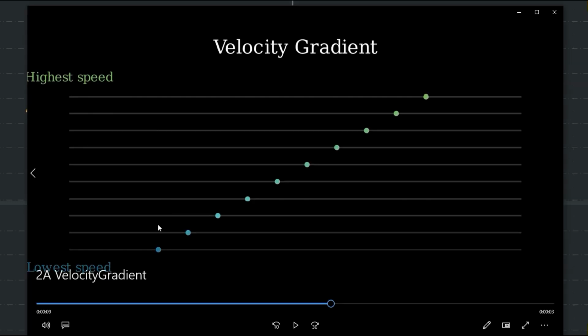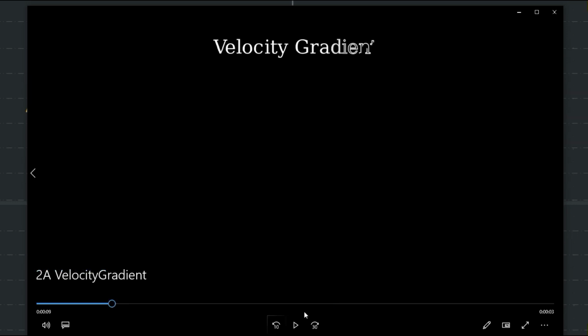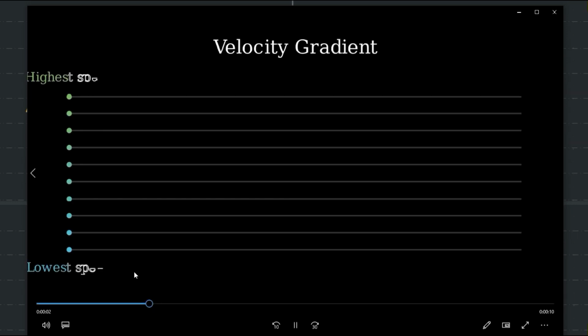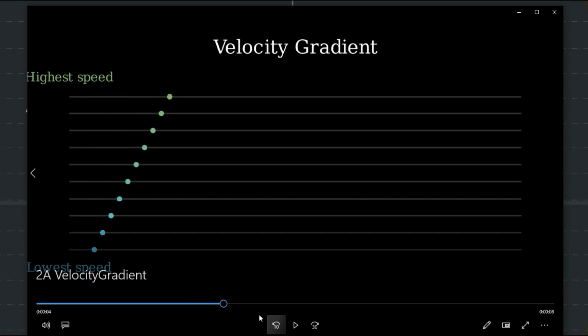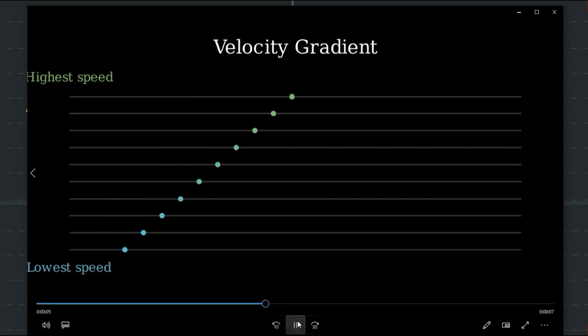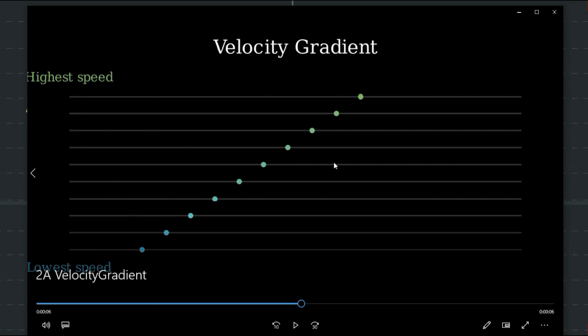So you can see that there is a slope, right? All the particles at the start, they started at the same point because they have different speed, right? The top one is moving at a highest speed possible and the bottom one is with the lowest speed, and you can see they're covering unequal distance in equal interval of time. And so that it creates a slope kind of scenario, right?